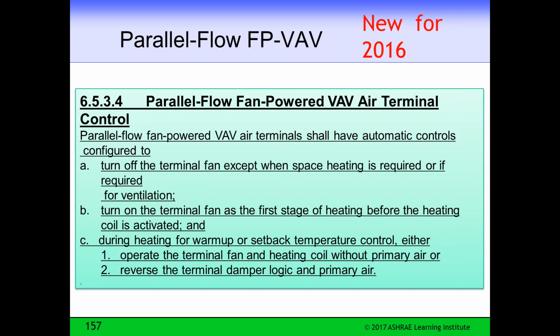Obviously, if you're not running your main fans, then you're saving a lot of energy. Or if you do turn on your main fans, we hope they would have heat at that point, and so you would use a reverse control logic that says, I've got hot air in the duct, so I'll open up fully to let that hot air out and use just the primary air instead of running cold air to the box and then having to deal with it.